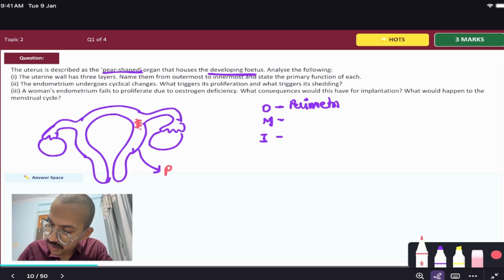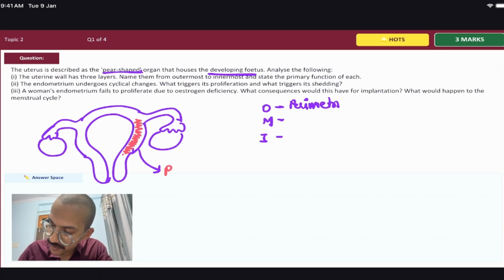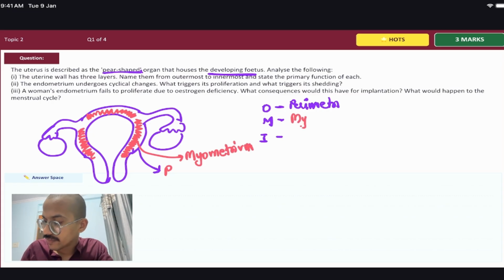Then we have what? A thick muscular layer. This layer is called as what? Myometrium.